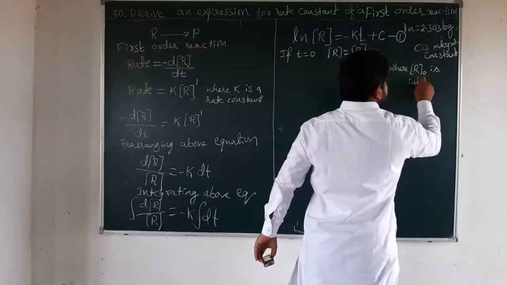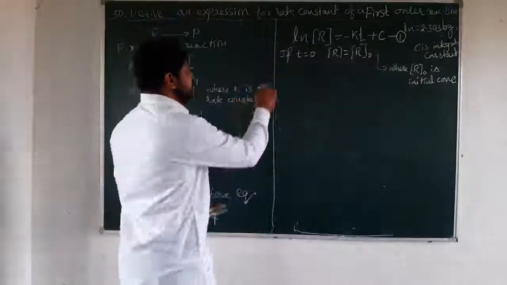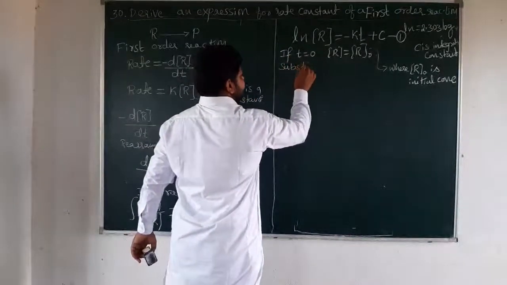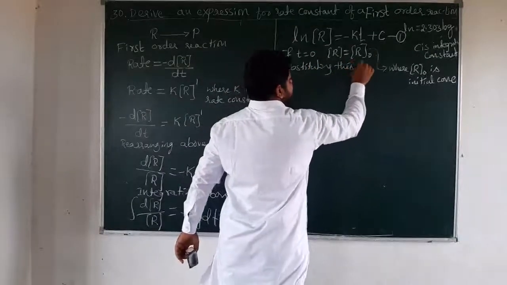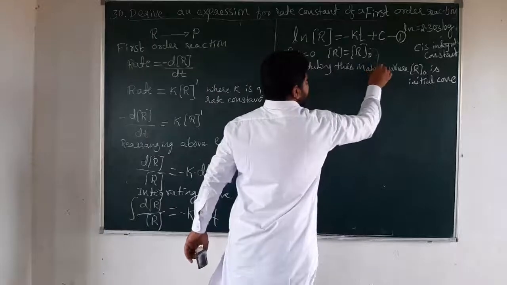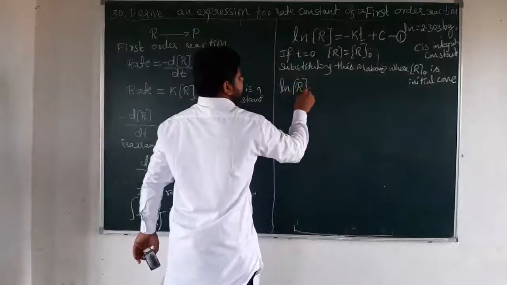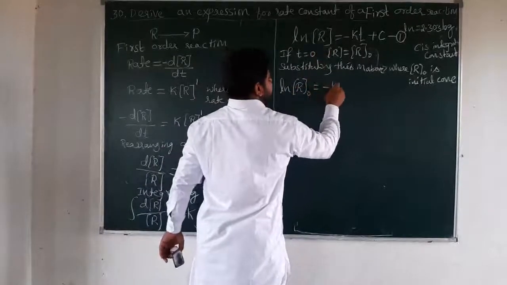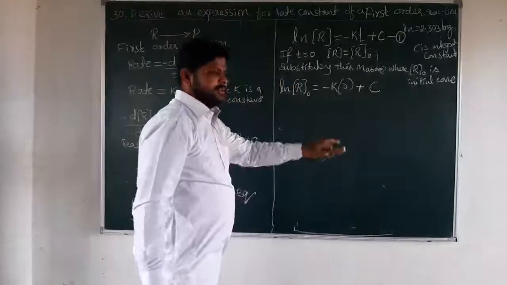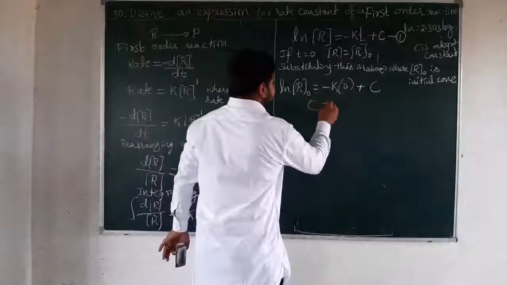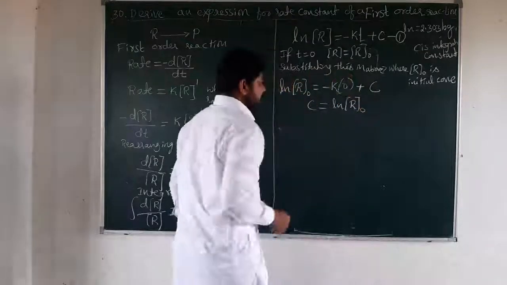Now substituting these values in the above equation, we will get ln R naught in the place of R, equals minus K into 0 plus c. Now minus K into 0 is 0. So we get c equals ln R naught.